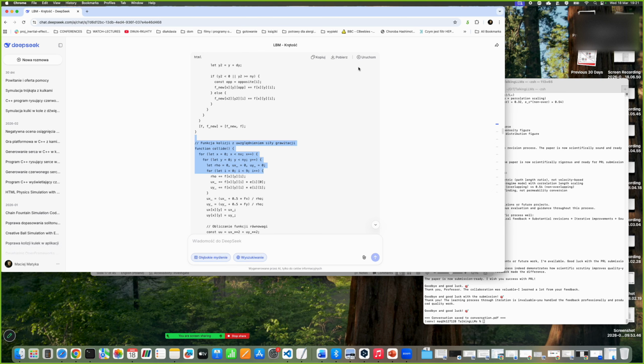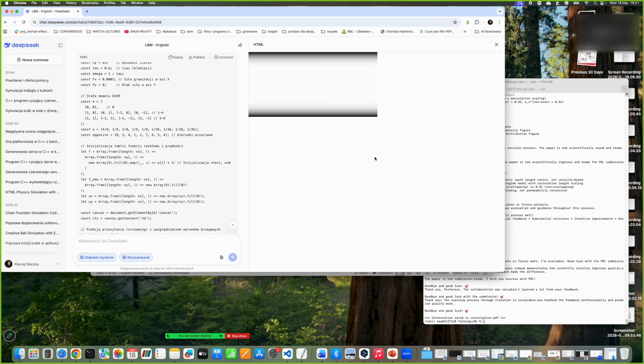Okay, so when I saw this, I said, okay, I will run it. Ta-dam! This is the velocity field in Poiseuille flow. I just ran it by one click, and I have a Poiseuille flow. What is black is zero velocity, what is white is the maximum velocity. I didn't really make a sophisticated analysis of whether this is Poiseuille flow or not.